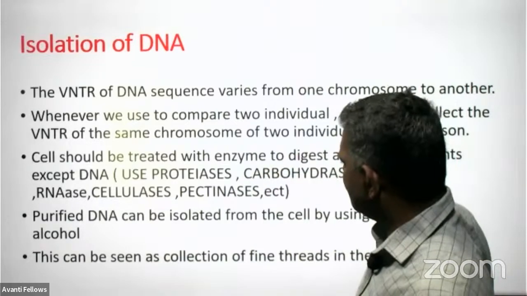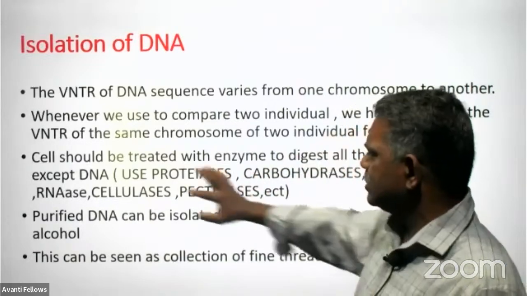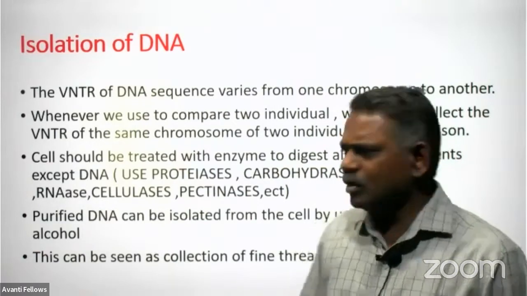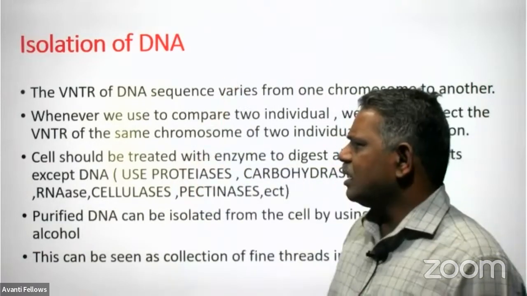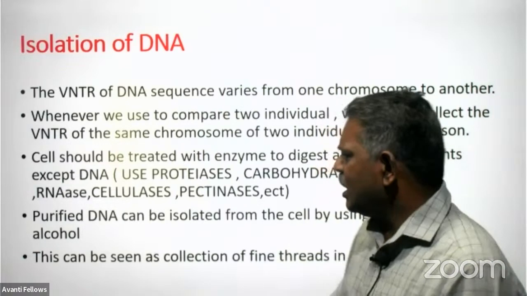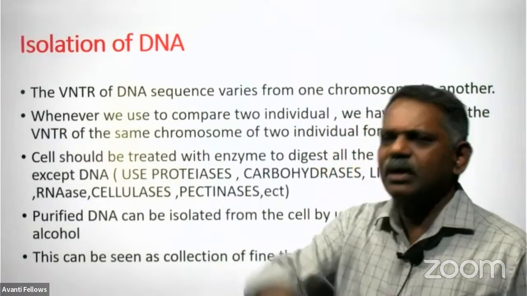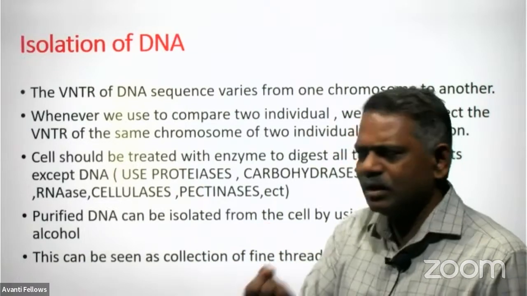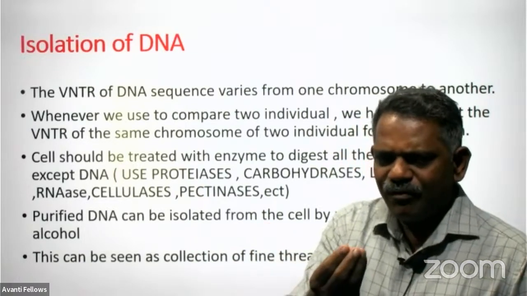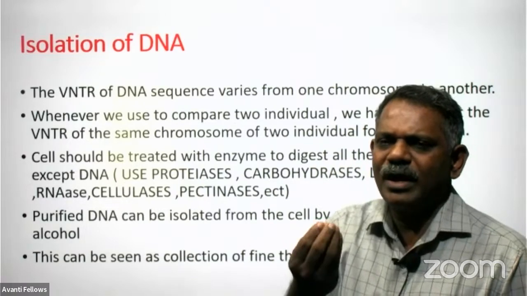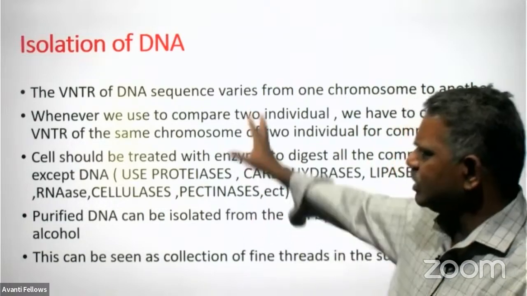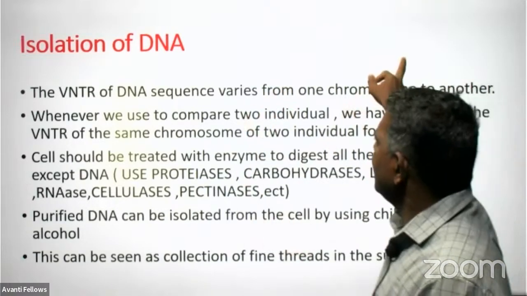Dishwash consists mostly of proteases, carbohydrases, lipases, cellulase, pectinase, etc. DNase is not there. So we can digest all the unwanted things present in the cell, and later we can pour in the chilled alcohol, and we will get the DNA in the form of small fine threads that can be spun out. This is the isolation of DNA.